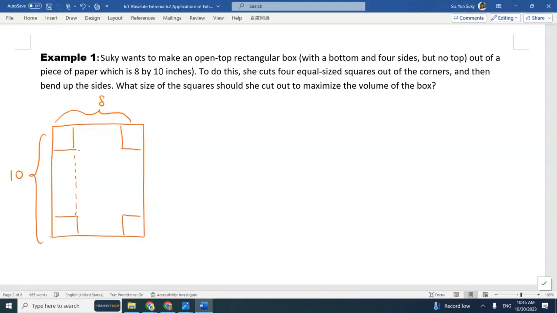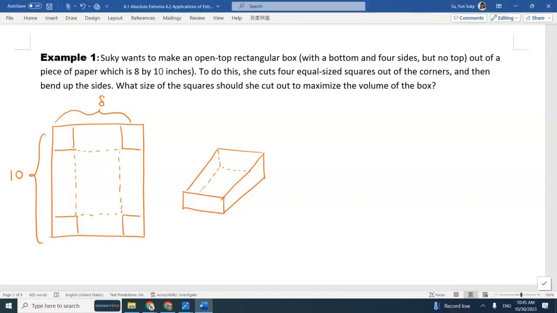And then I bend up the sides. Do you see, when I bend up the sides, I get a box, and it's an open top box. Can you imagine, everybody? I get a piece of paper, I cut a corner, and then I can bend it. I get a box. Right, everybody?